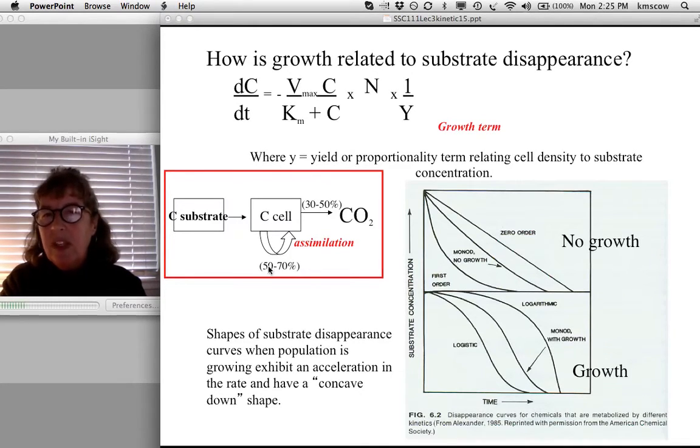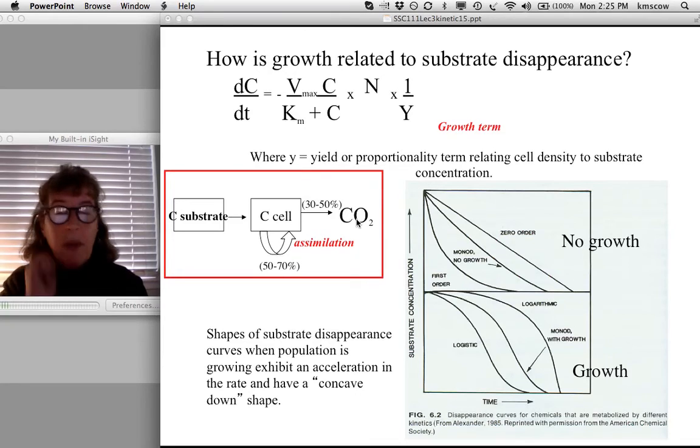But let's start with this figure in this red box here, where we're following the carbon of a particular substrate. Let's say it's benzene again, and it's being used by a cell, which is going to take up some of that carbon into itself, and that's shown by this assimilation. 50 to 70% of that carbon is going to go into the cell, and the remainder is going to blow off as CO2, right?